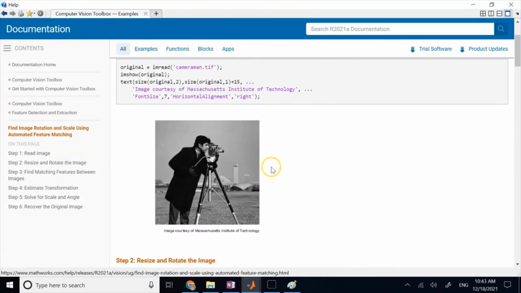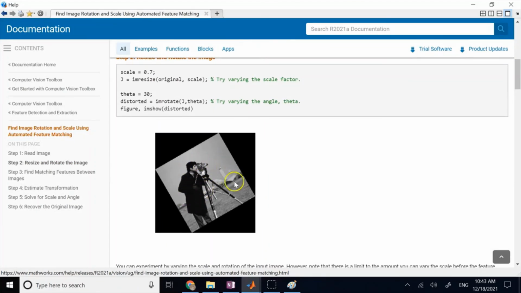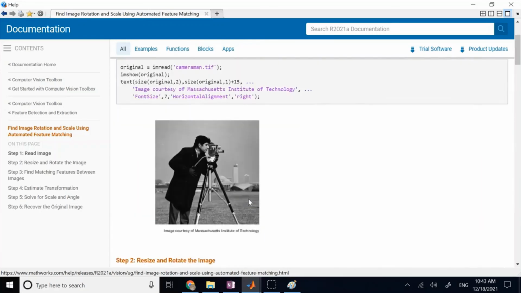So what is it? Here is the cameraman picture. This is one of the famous pictures in image processing. And here is a rotated version of it and a smaller version of it. So these feature points are specific points that are easy to describe.